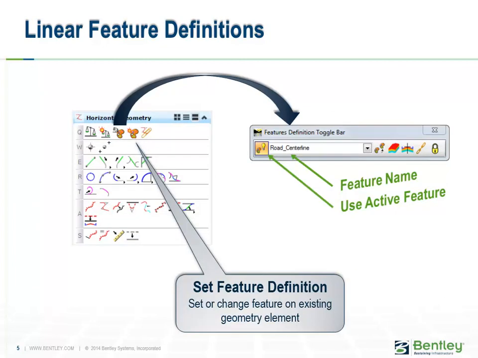Linear feature definitions define how geometry, horizontal and vertical, appears, including symbology such as level, color, and weight. This definition includes not just a single set of symbology, but different display parameters for how a geometry element appears in plan, profile, intersecting a profile, projected onto a profile, and on cross sections.